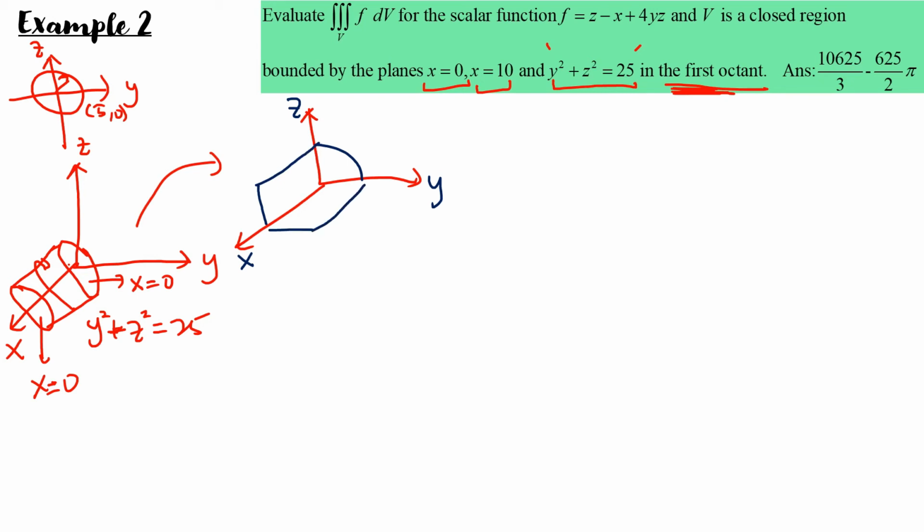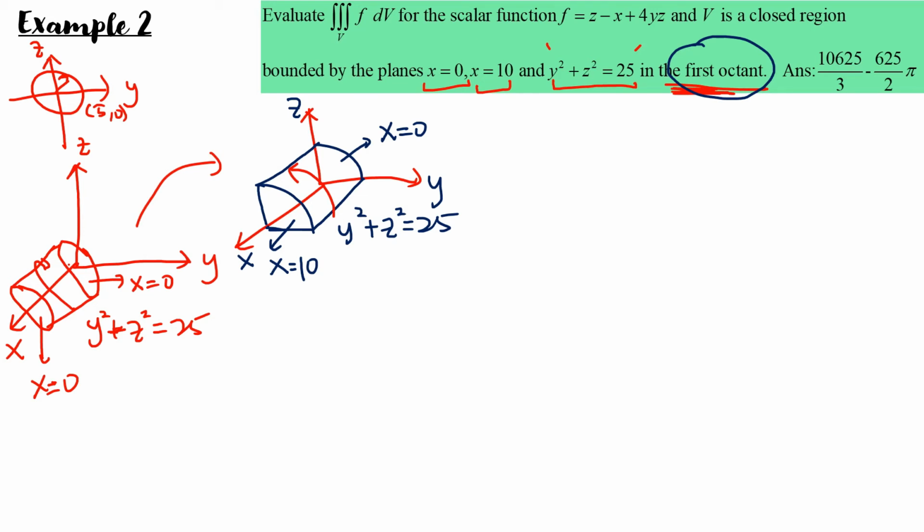So I have here the first octant cylinder, where the plane at the back is x equal to 0 and the plane in front is x equal to 10. This one is y squared plus z squared equal to 25. We have another plane actually, but don't worry, we just want to show that this is a first octant cylinder.